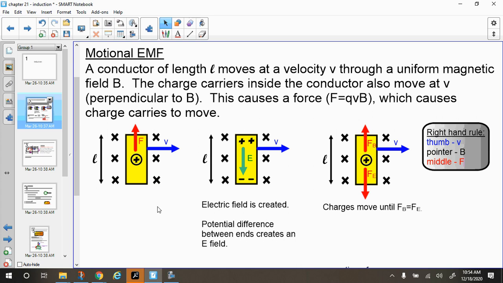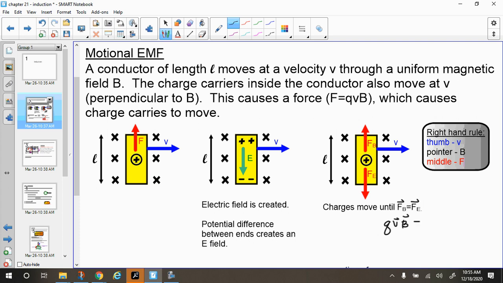Let's talk about what that looks like. Once the charges are no longer moving, we know that force M, the magnetic force, is equal to force E for electric force. You can also put a C there, I guess, for Coulomb force. And we know that the magnetic force is equal to Q times V times B, so charge times velocity times magnetic field.